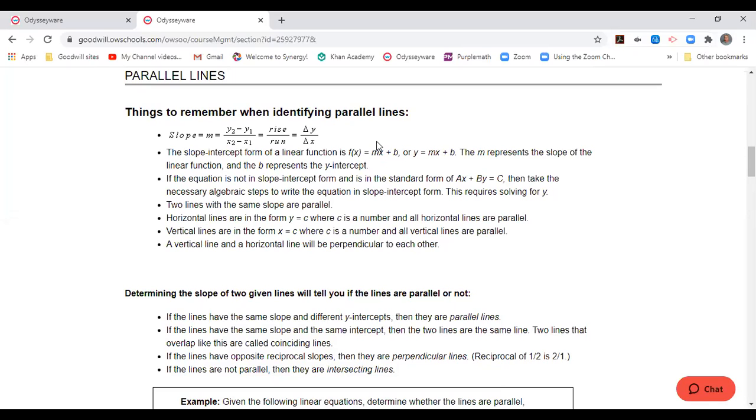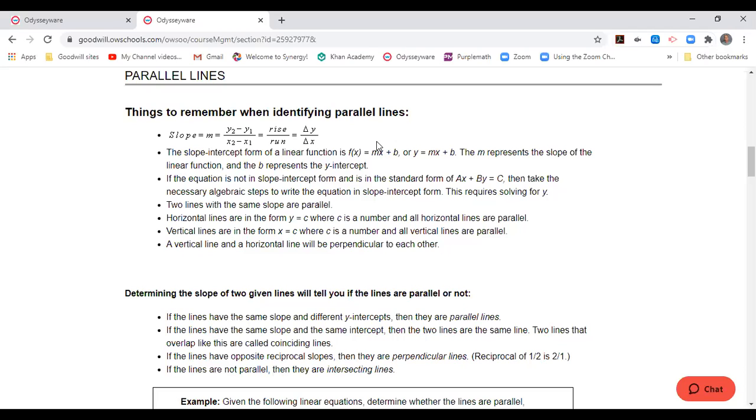Right there at the top, things to remember when identifying parallel lines. Lines that have the same slope are parallel, so what do you have to find in order to determine if they're parallel? You're only going to look at the slope. If they have the same slope, then they're parallel. It's as simple as that.